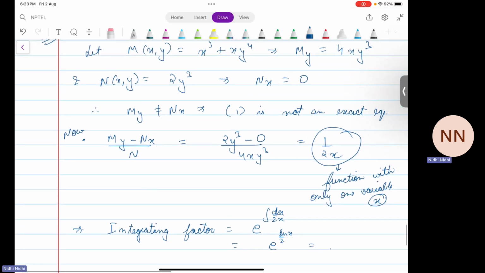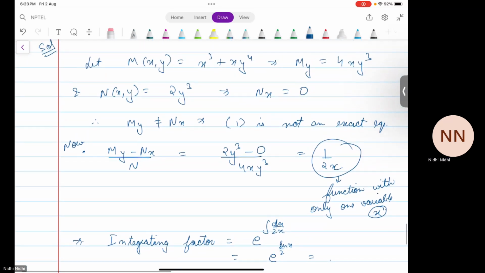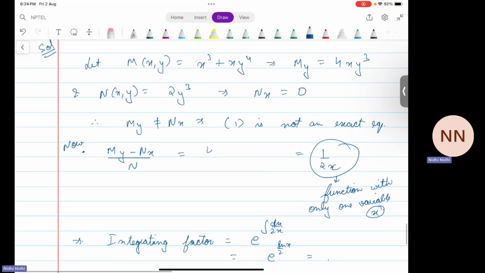I think I did some mistake. My is 4xy cube minus 0 by N is 2y cube.